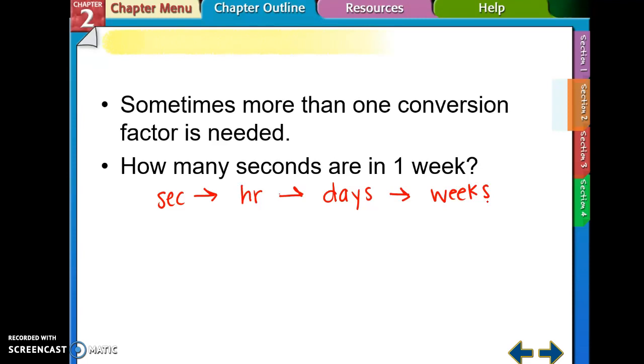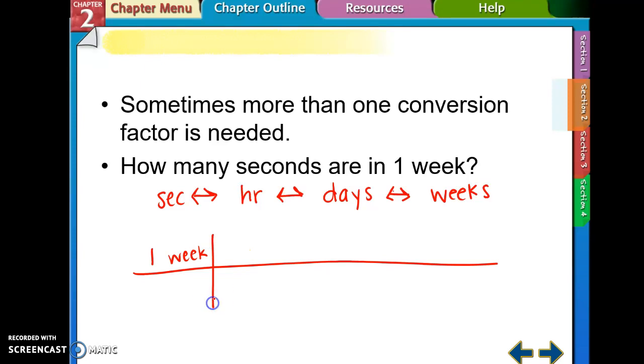So if I'm going to do that, I'm going to set it up as a conversion, and I'm actually going to start, I had it backwards, so I'm going to completely flip all of this around and go backwards. And I'm going to start with 1 week. You see why that was a mistake. If I could figure out how to erase, I would.